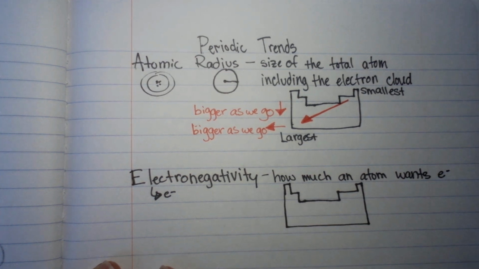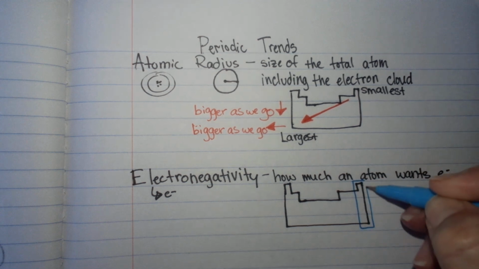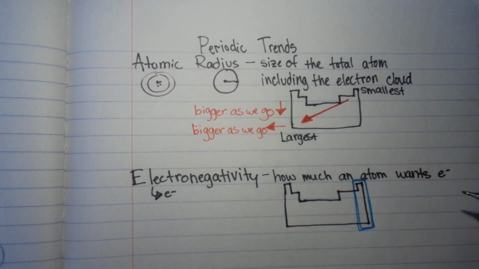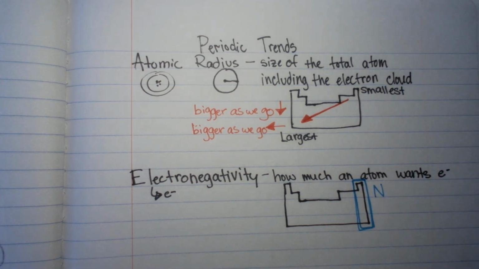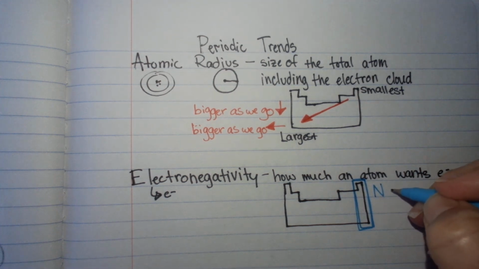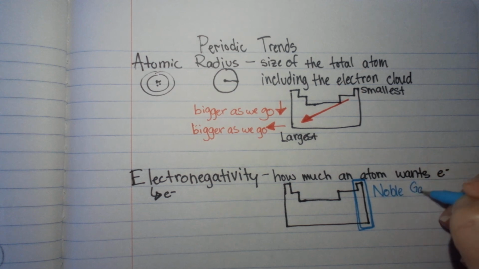And let's discuss just a little bit. The first thing we need to think about, if we're talking about bonds and making bonds, we're going to single out the noble gases right here. Noble gases do not have values for electronegativity. So let's write that down.